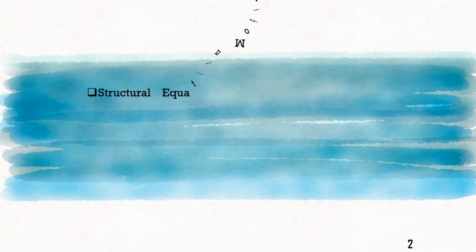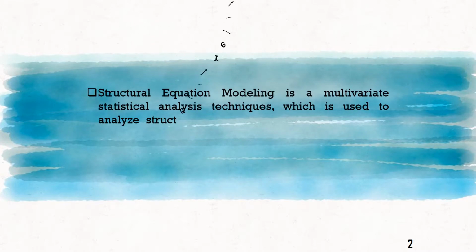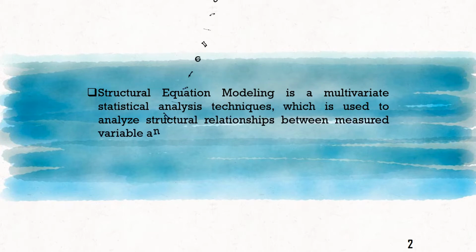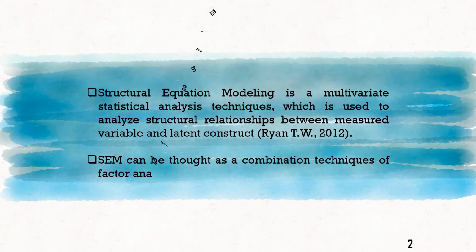Moving on to the next slide, before we explain the stages in structural equation modeling, let me explain a little bit about what structural equation modeling is. According to a study by Ryan in 2012, it is a multivariate statistical analysis technique used to analyze structural relationships between measured variables and related constructs. It is also known as SEM, and it can be thought of as a combination of factor analysis and multiple regression.